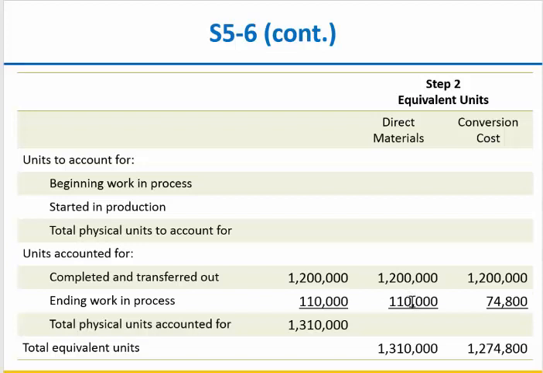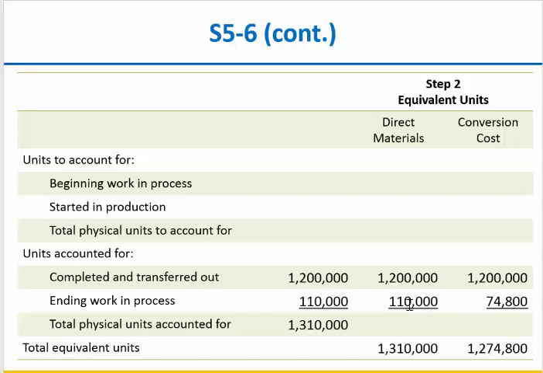Physically, yes, you have 110,000, but only 68% of the required conversion cost actually has been added to these 110,000 units. So I have to discount and get a fraction of that. I multiply 110,000 by 68%, and I come up with 74,800 units. So the equivalent units under the conversion cost are 74,800.